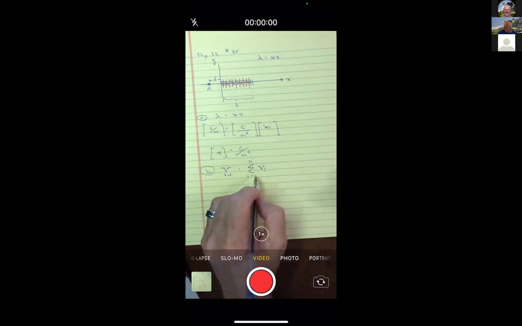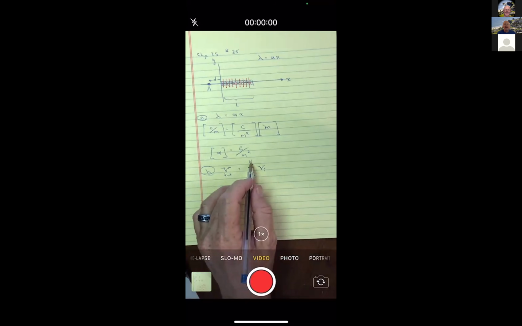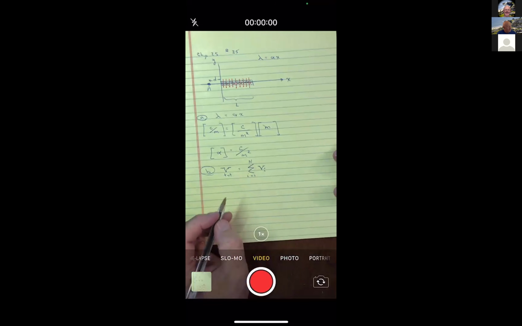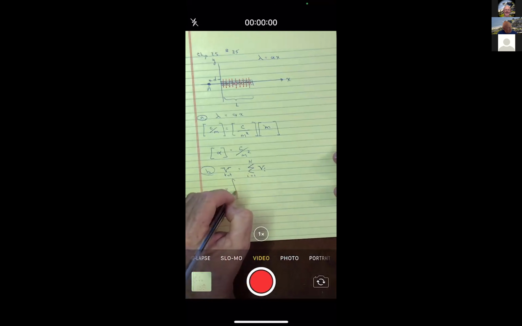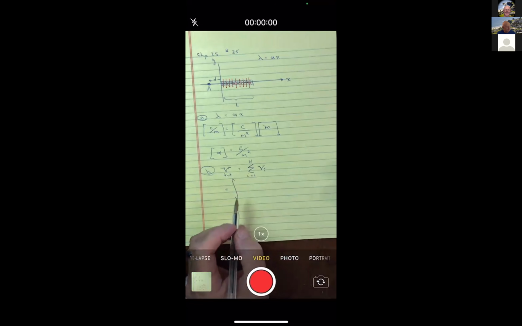Instead of adding from 1 to, say, 10, I'm going from 1 to an infinite number. What that really means is I will be doing an integration.